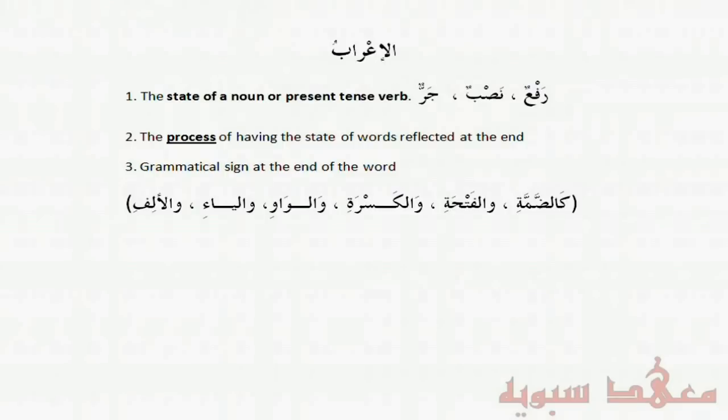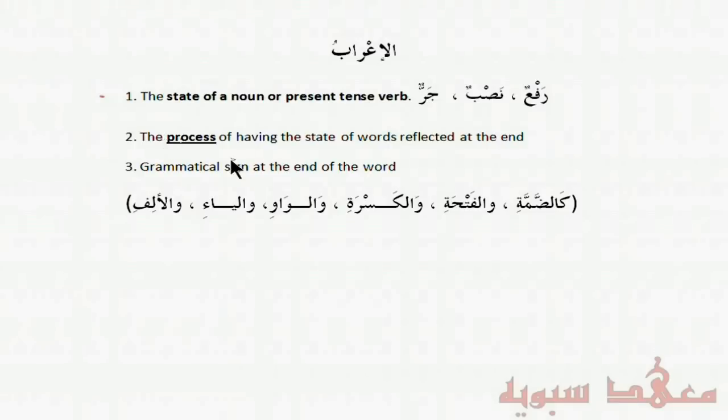Al-i'rab, the first meaning is the state of a noun or present tense verb. So over here we're talking about nouns, so we'll disregard present tense verbs for the moment. It's talking about the state of the word, the states that a word can be in. It's one of these three states, and this state is called al-i'rab. So that's the first possible meaning.